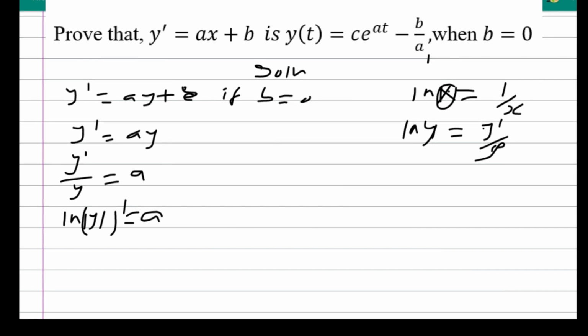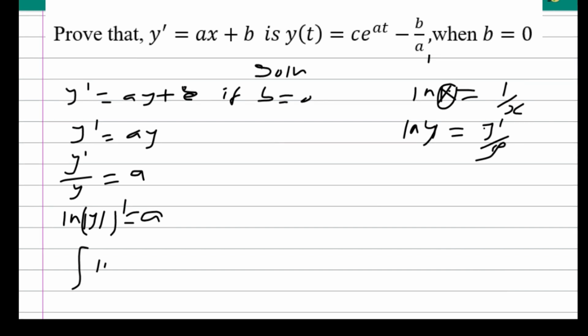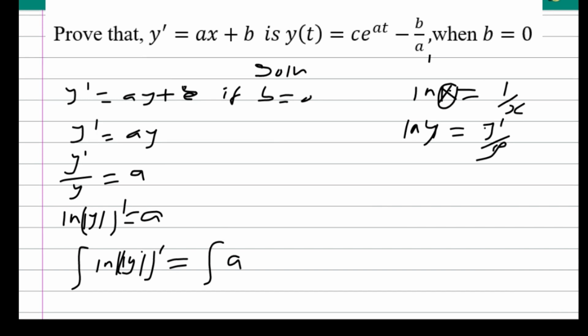Now we are looking for y. We want to make y the subject. We don't want y prime. Therefore, we take the integral of both sides. When I integrate, the integral of the derivative of ln y is equal to the integral of a with respect to t.